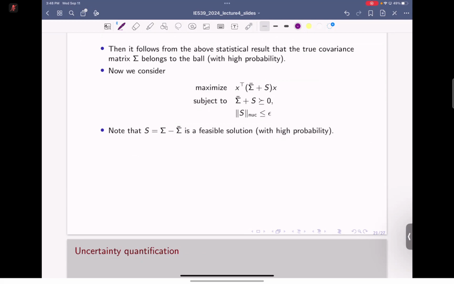You choose a certain portfolio, and you have your estimated covariance matrix. Now you solve this problem, and this gives you the worst-case possible risk. With that information, you can try to come up with a different portfolio. I'll get back to this later.